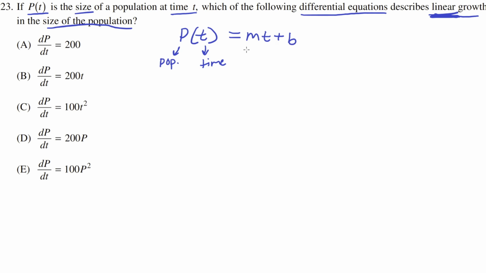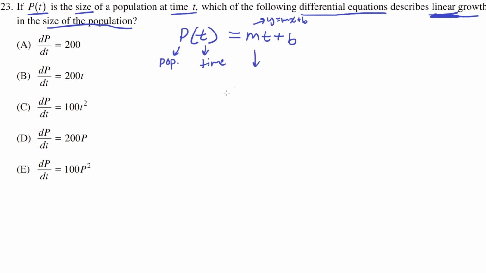So what we really need is P of t to be a linear equation of the form y equals mx plus b, where the independent variable, in this case time t, has a power of just 1. So this is linear growth in the population.